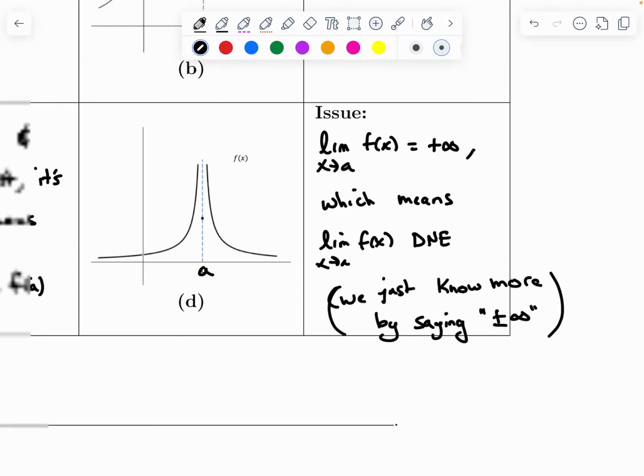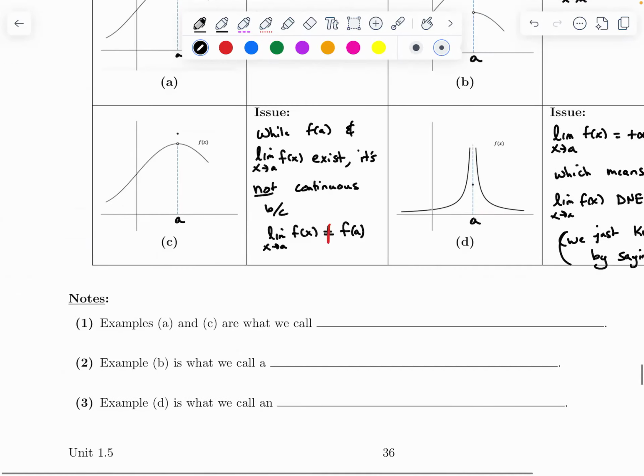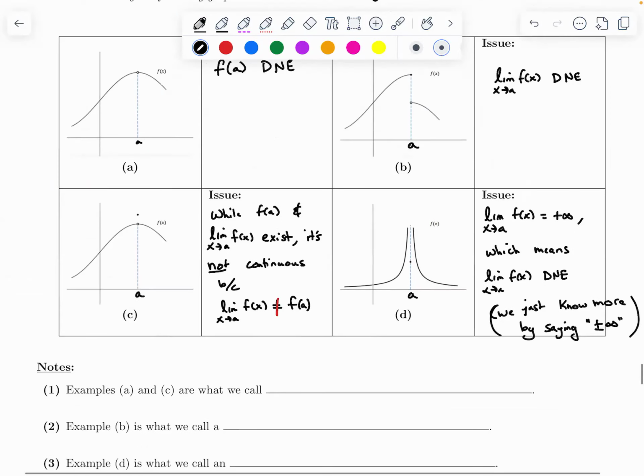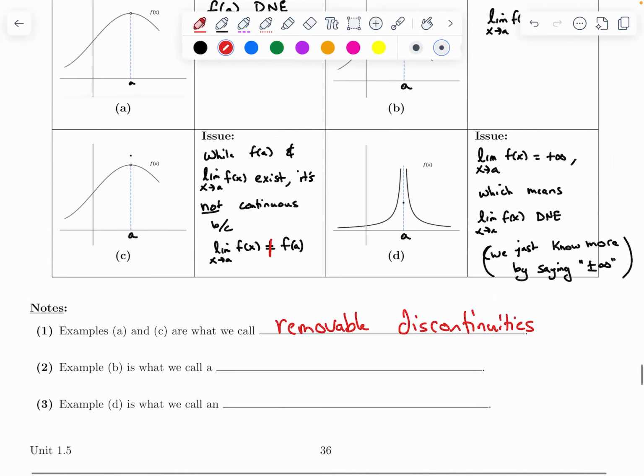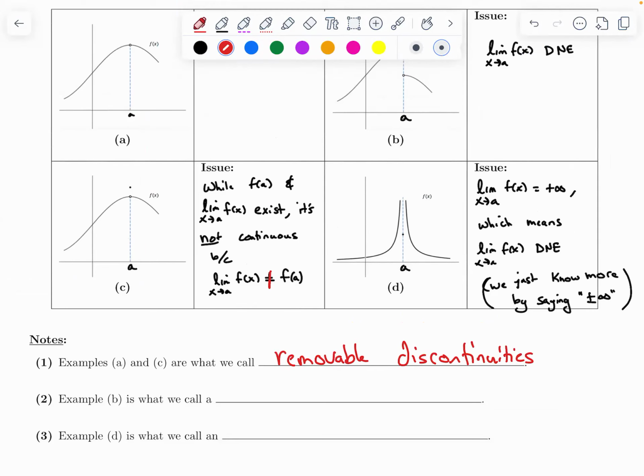Okay, so examples A and C, the ones in the first column, are what we call removable discontinuities. This is just terminology that I might bust out, but I'm not going to ask you any definition questions on this type of thing. They're removable because all I would need to do to make this curve continuous is just remove that problem.